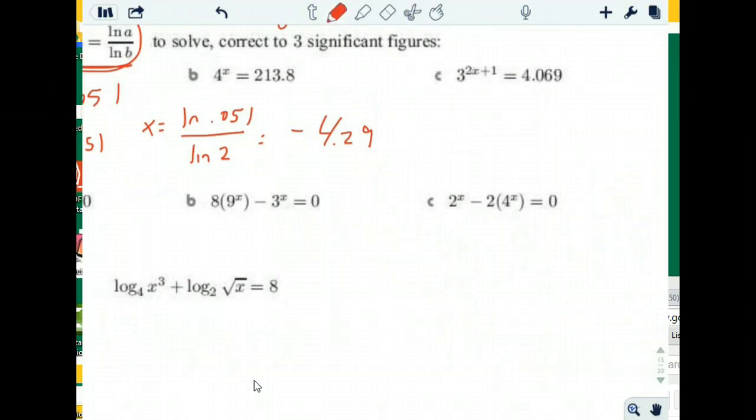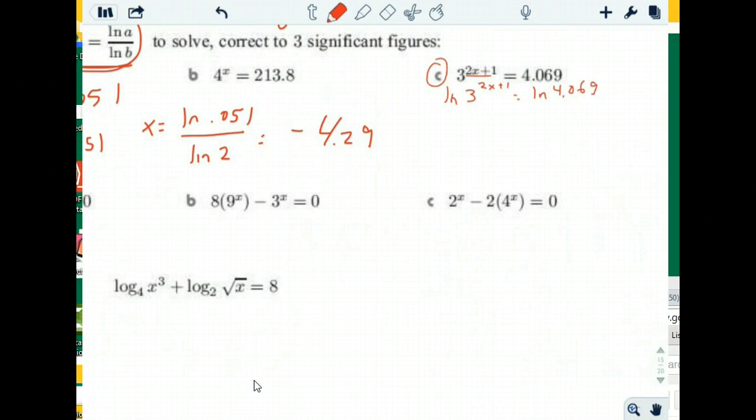This is kind of a strange one. It's got 2x plus 1 in the exponent. But you don't do anything different, just a little bit more algebra at the end. So let's take natural log of both sides. So we get natural log of 3 to the 2x plus 1 equals natural log of 4.069.